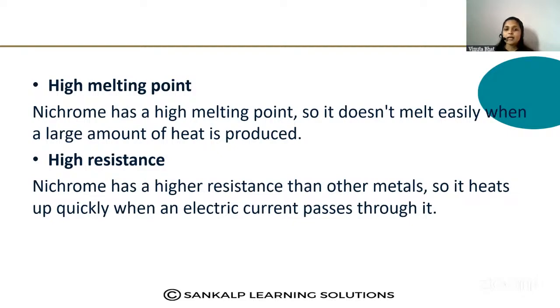Then nichrome has higher resistance than other metals, so it heats up quickly when an electrical current passes through it. It allows the current to pass through it, but the resistance is more, so it heats up quickly. Because of this reason nichrome is used.